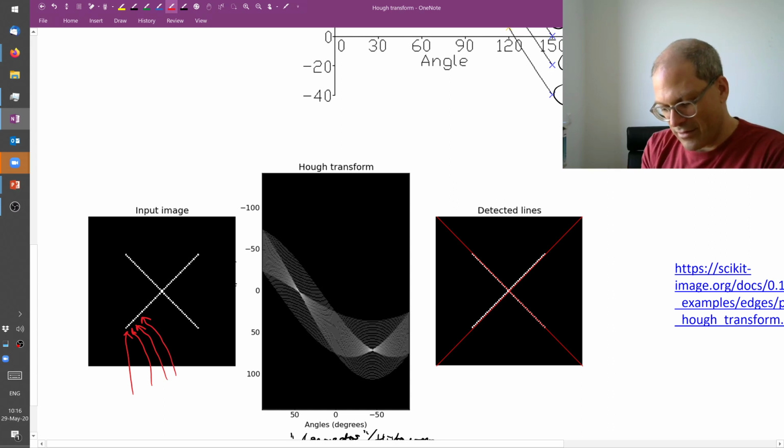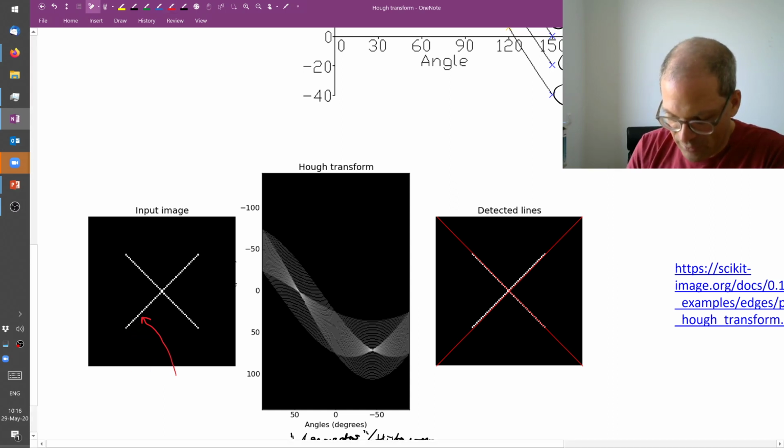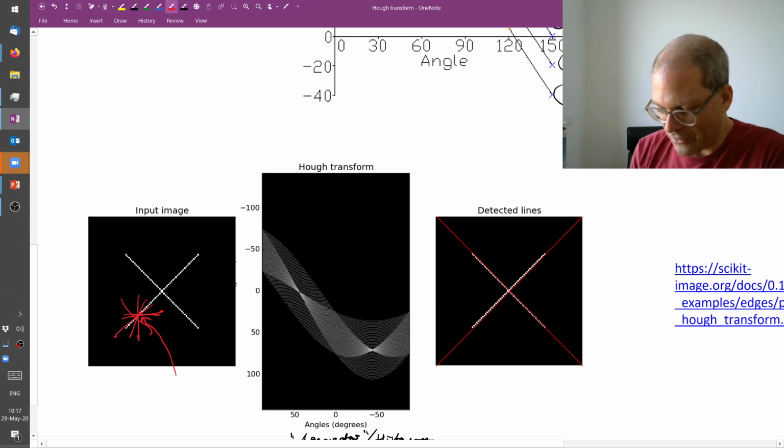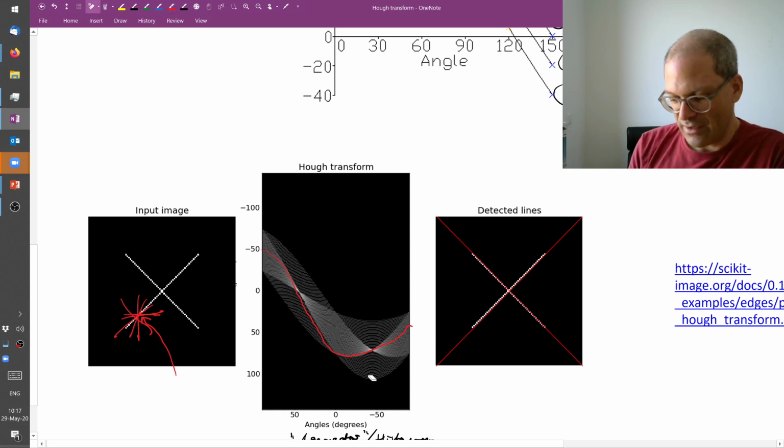And again, if we just pick one of those observations, we can ask for all the curves that go through it, and this will correspond to one of these sinusoidal lines in the Hough space.